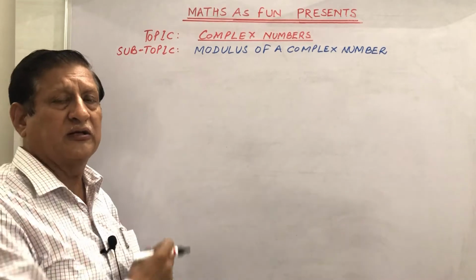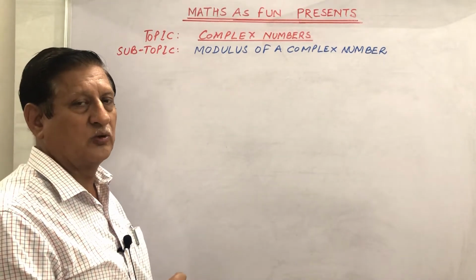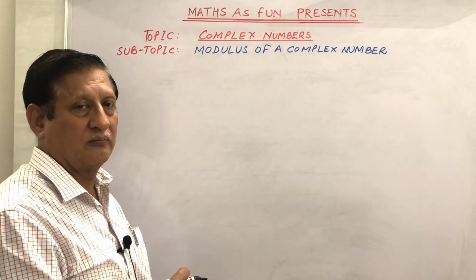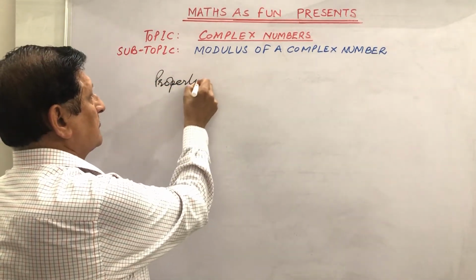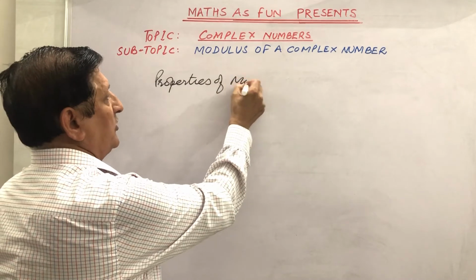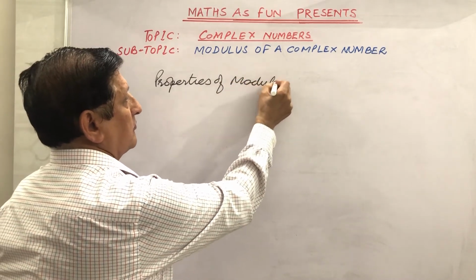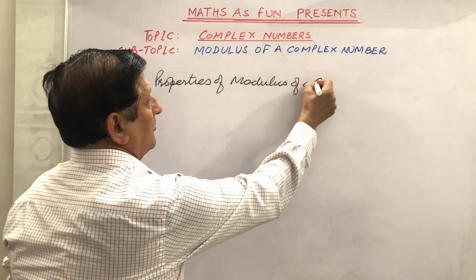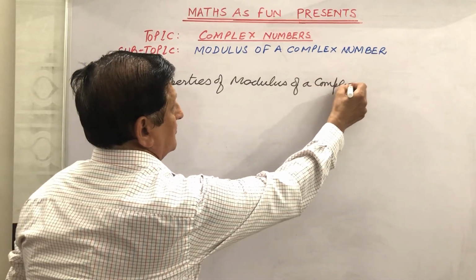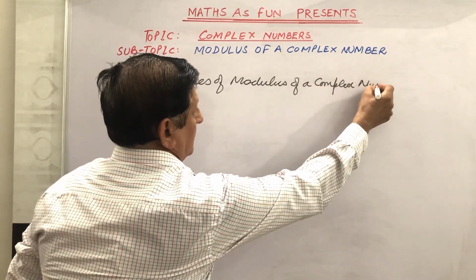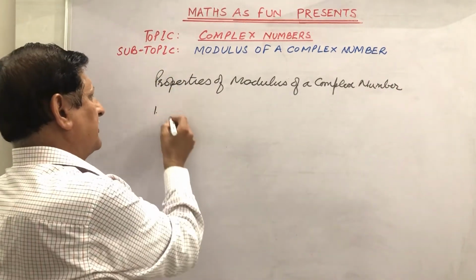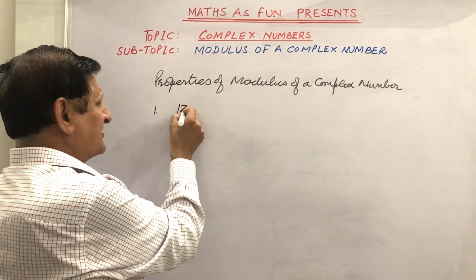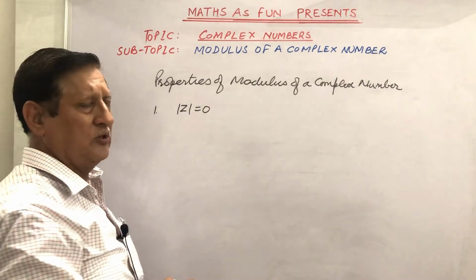Now after finding the modulus, let's learn about some properties of modulus of a complex number. Number 1, we can say modulus z is equal to 0.